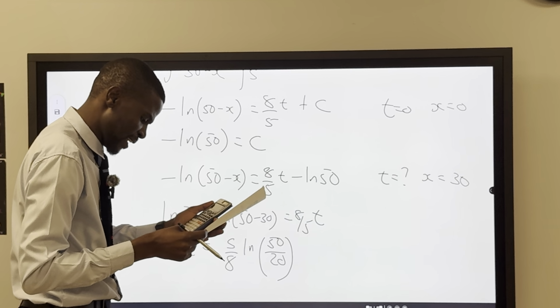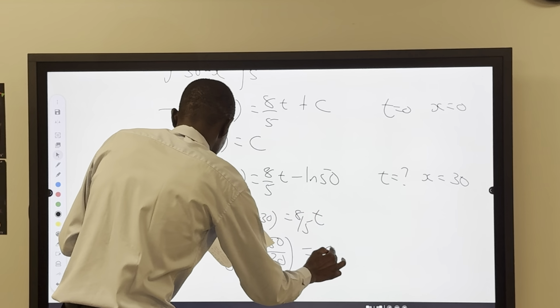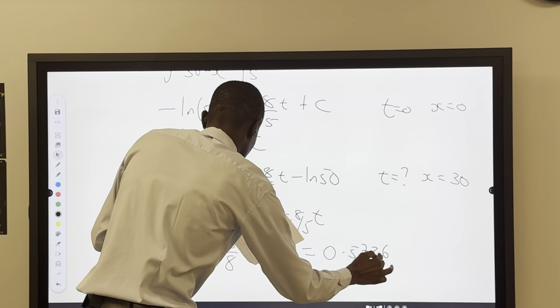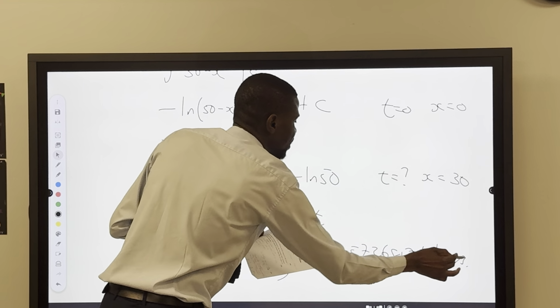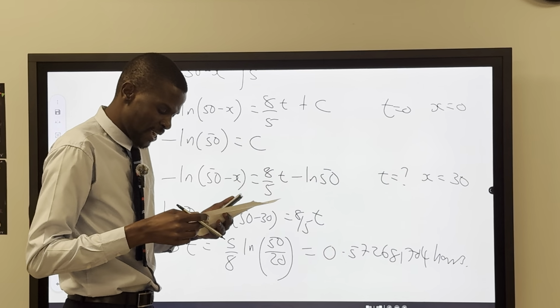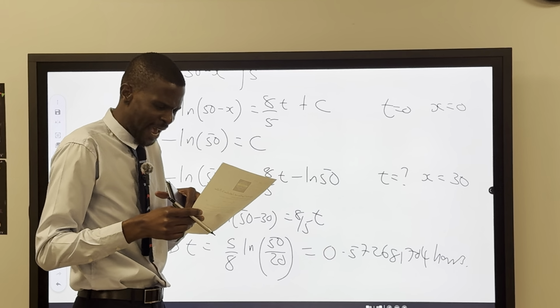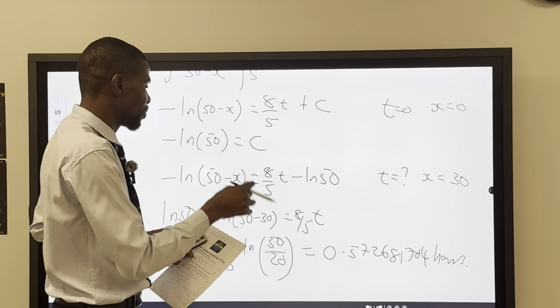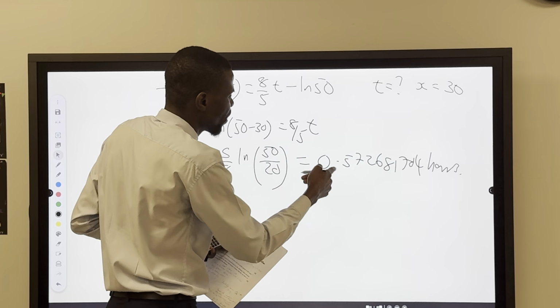So I'm getting 0.572681704, but these are hours, and they require us to express the answer to the nearest minute. To convert hours into minutes, we multiply by 60.